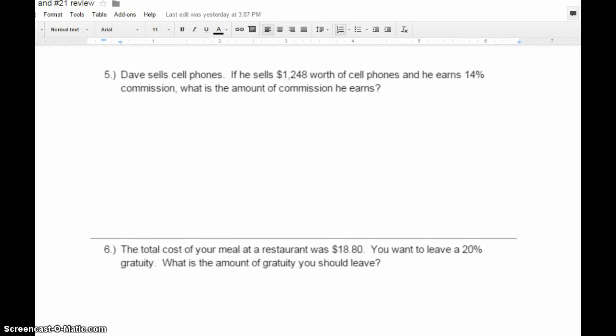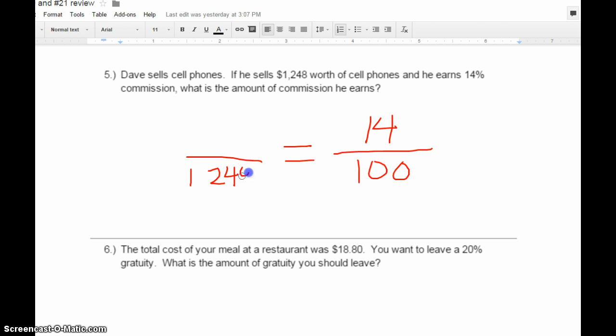Number 5, commission. It's just a straight percentage problem. Dave sells cell phones. He earns 14% commission. So that means Dave gets 14% of whatever he sells. So it says he sells $1,248.